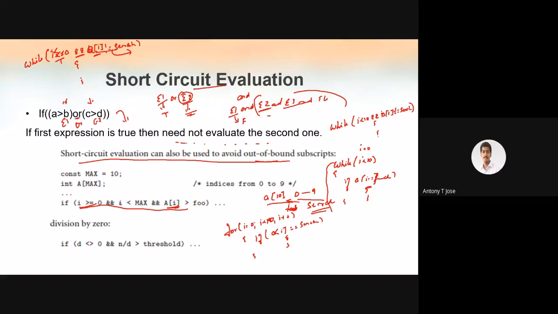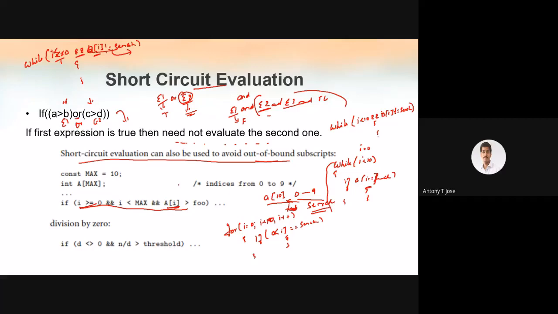Likewise, if the value of I is greater than max, that is, this condition is false, A of I will not be evaluated because it is short circuit evaluation.